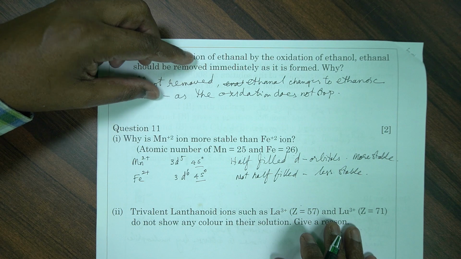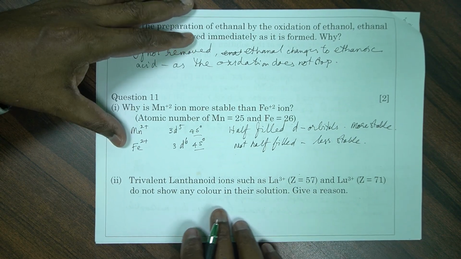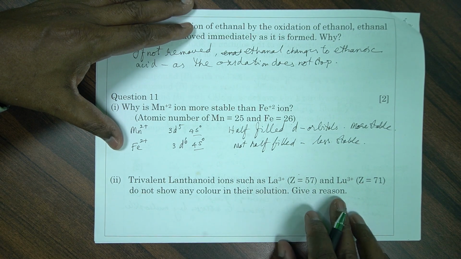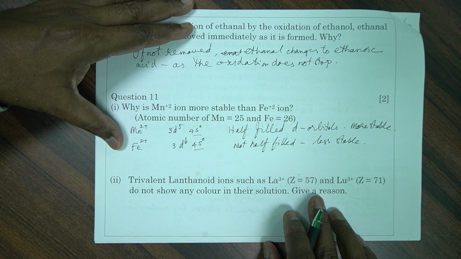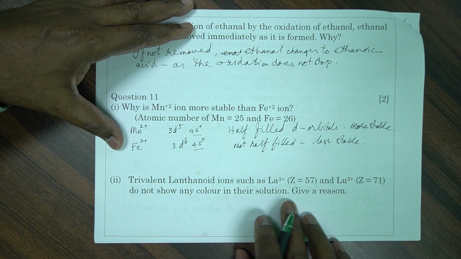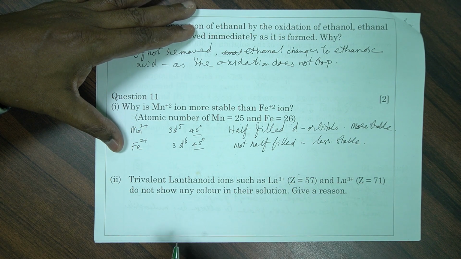Going to the next question, second part of this. Trivalent lanthanoid ions such as La3+, atomic number 57, and Lu3+, Z is equal to 71, do not show any color in their solution. Let's understand the configuration.